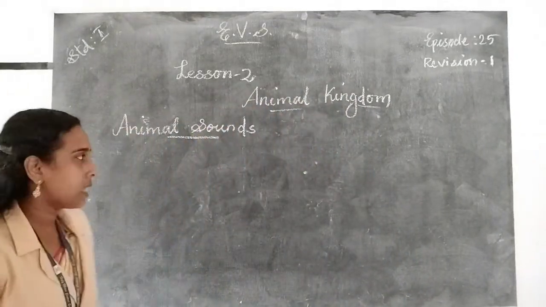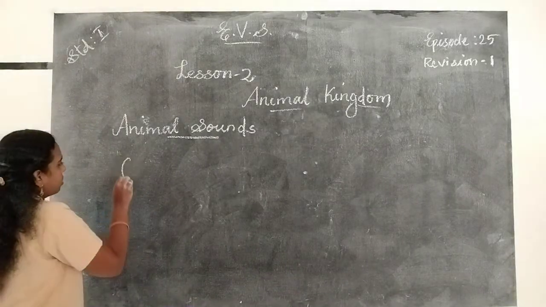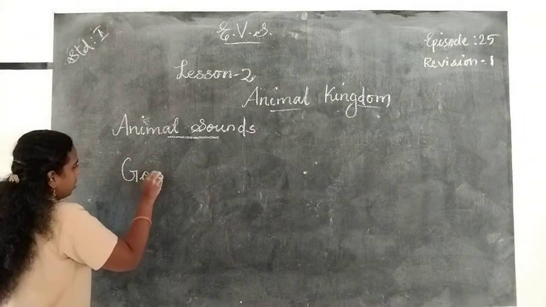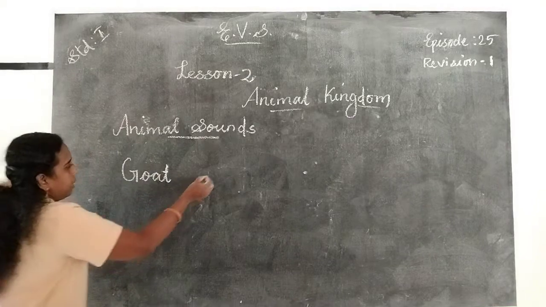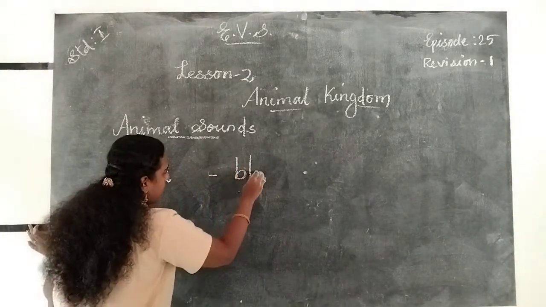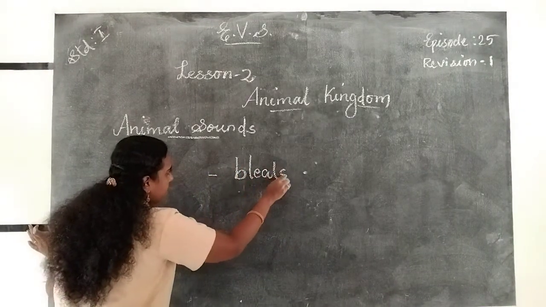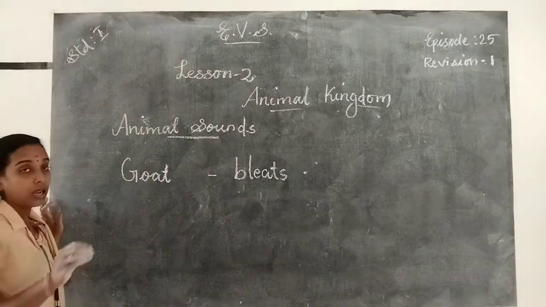So the animal sounds: the sound of goat, it bleats, B-L-E-A-T-S, bleats. Then cow.